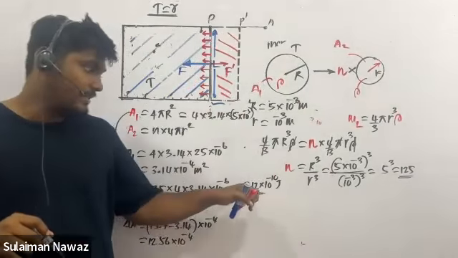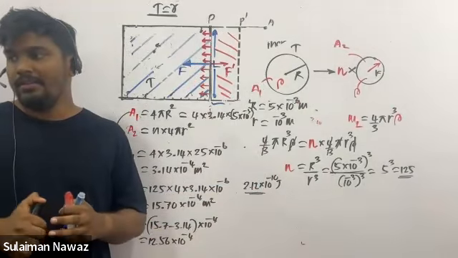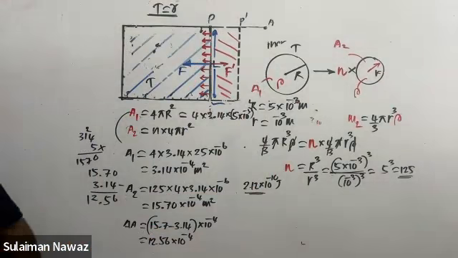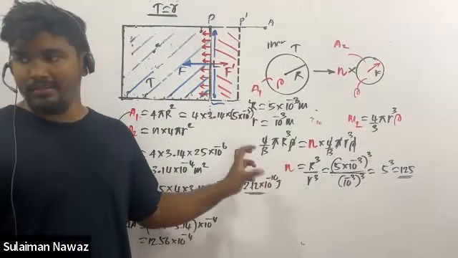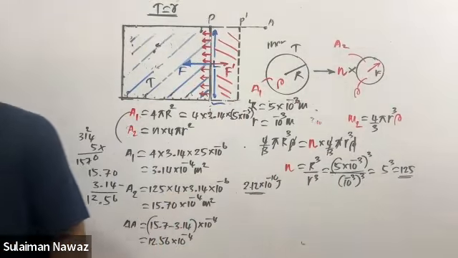Raise your hands. Anyone got at least this value roughly? Then okay, roughly 2 point something times 10 to the power minus 10 is there. Then when you do simplification, small mistakes happen.